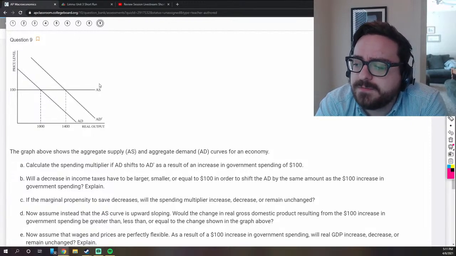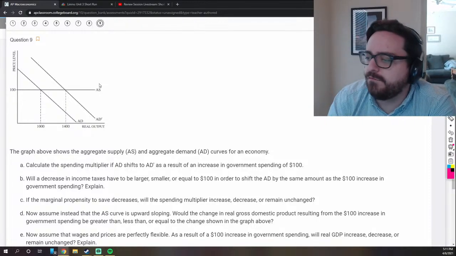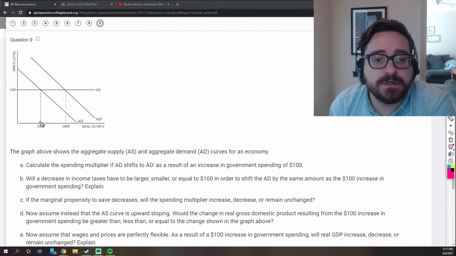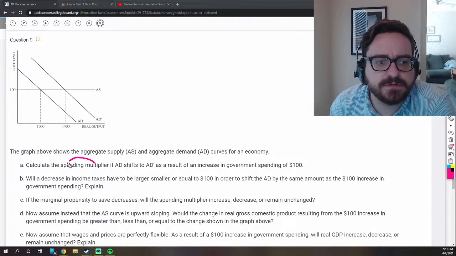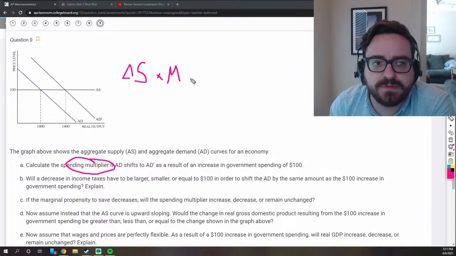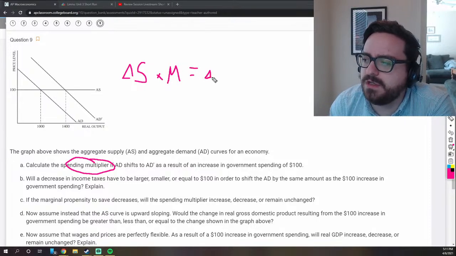Calculate the spending multiplier if AD shifts to AD prime as a result of an increase in government spending of $100. Okay, so GDP went up by $400 here. It's asking me to find just the multiplier. Okay. The formula was change in spending times the multiplier gets me the change in GDP.